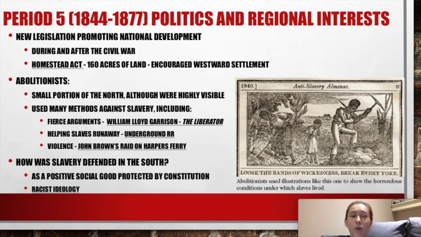You have arguments being perpetuated by abolitionists that basically say that slavery is a moral issue and that God would not support slavery and that people need to stand up and oppose it because it is a horrendous institution. An example of this is William Lloyd Garrison's Liberator, which was a newspaper that really put forth a lot of these arguments at this time.